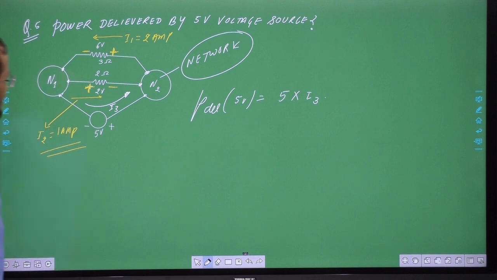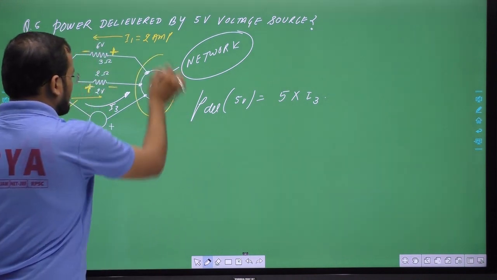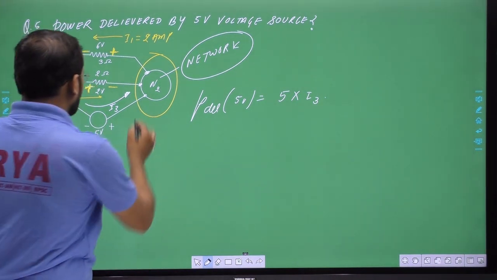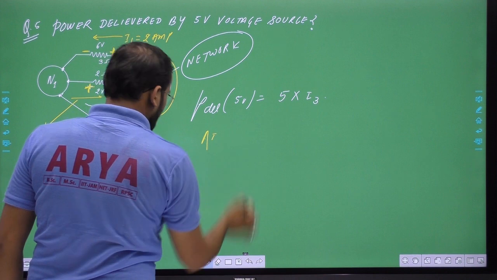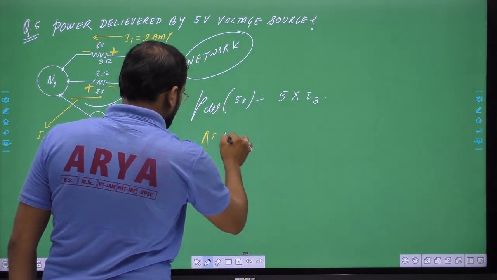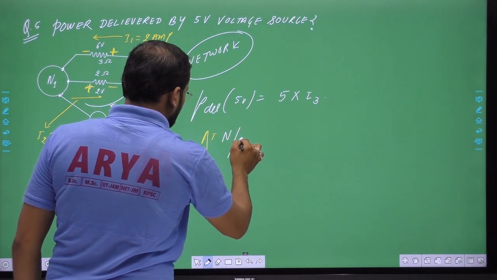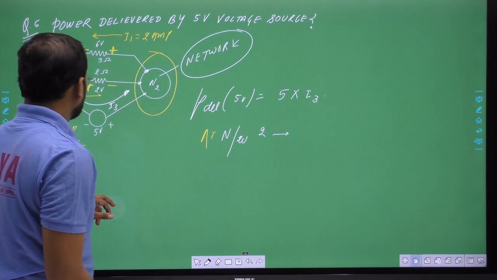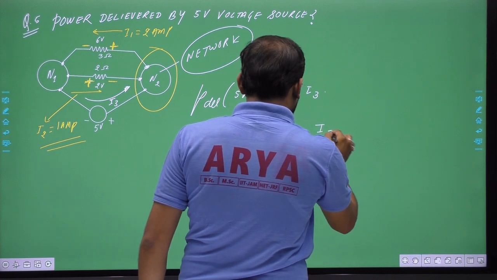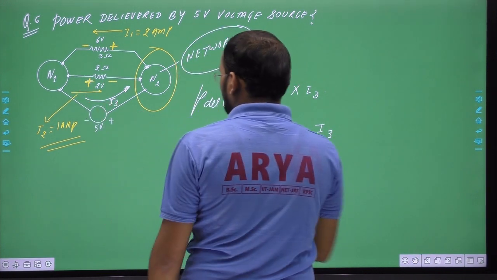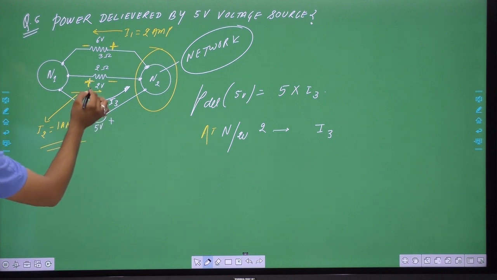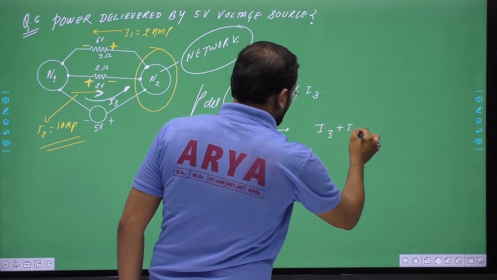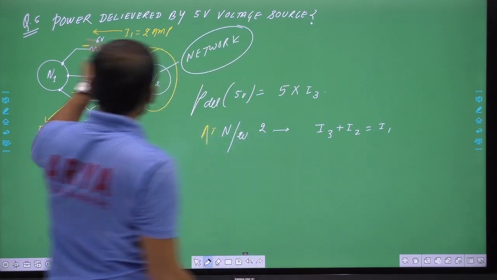As we know, any closed network can be taken as a node. So at network 2, current entering is I3 plus I2, which is equal to I1, which is leaving from that N2.